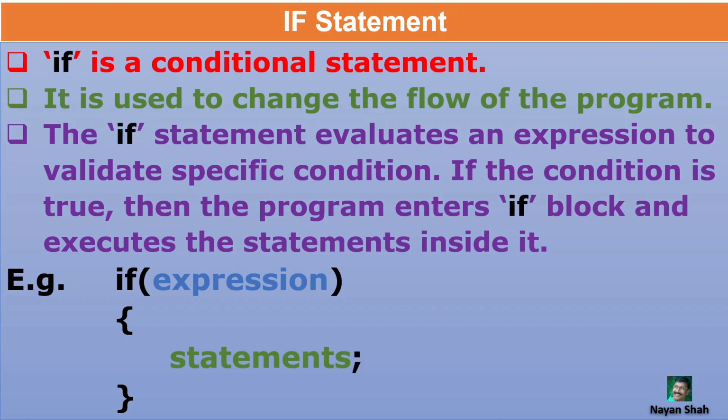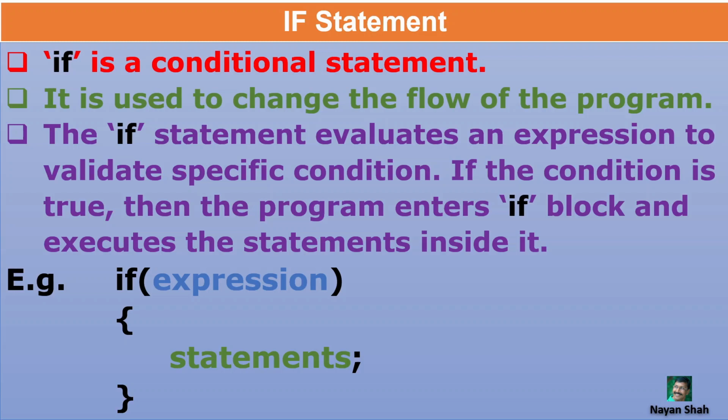So the if statement evaluates an expression to validate the specific condition which we have written within the brackets. If the condition is true, then the program enters the if block, which is indicated by opening and closing curly brackets, and executes all the statements inside it.